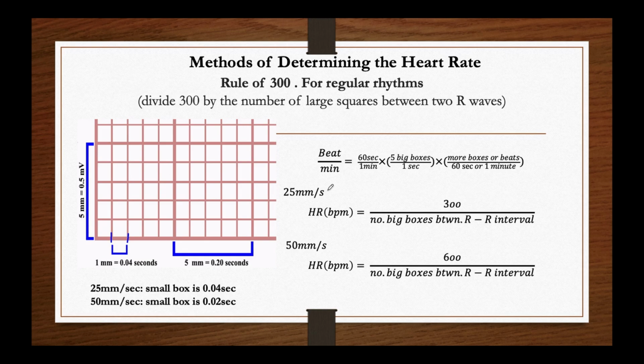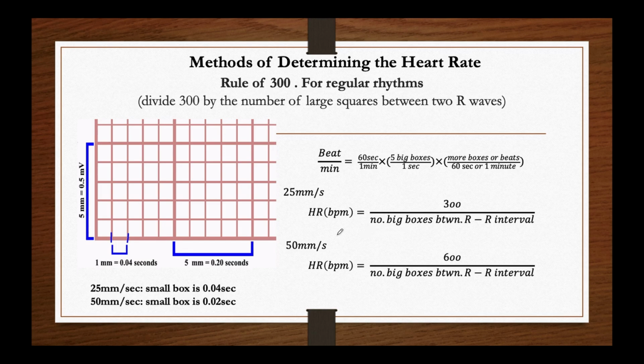And so if the speed is 25 millimeters per second, the heart rate in beats per minute is 300 divided by the number of boxes between the RR interval.